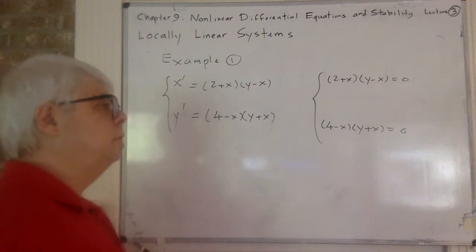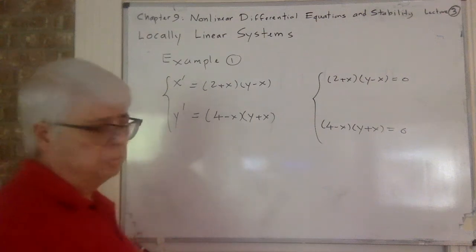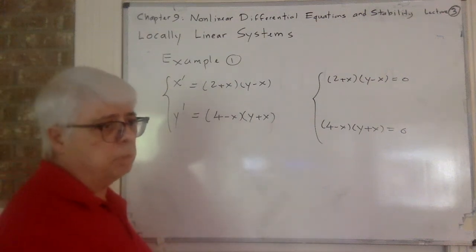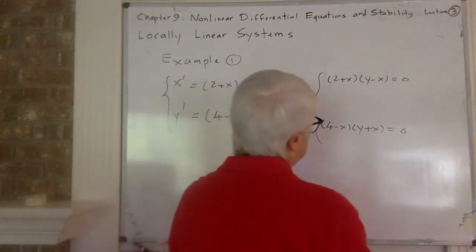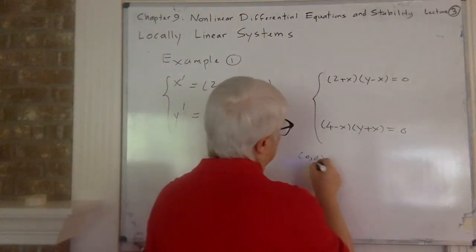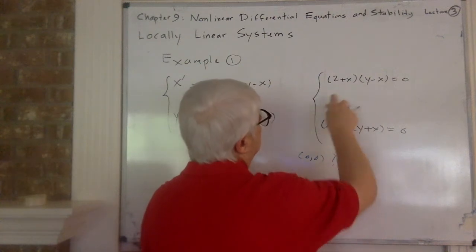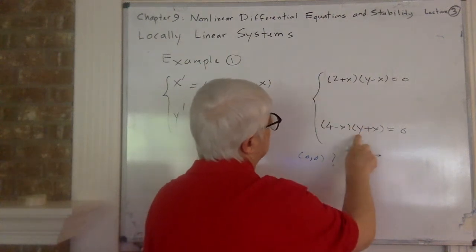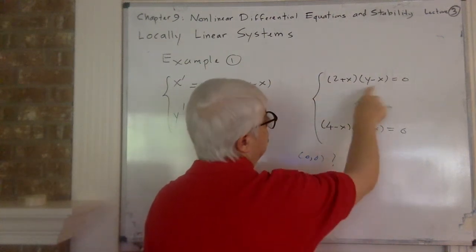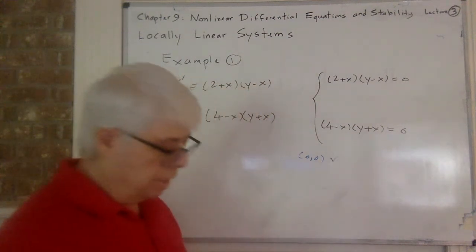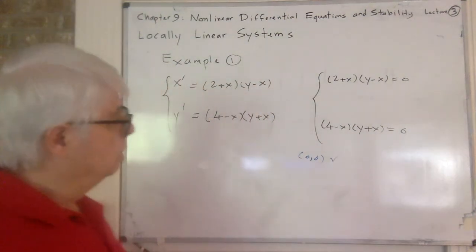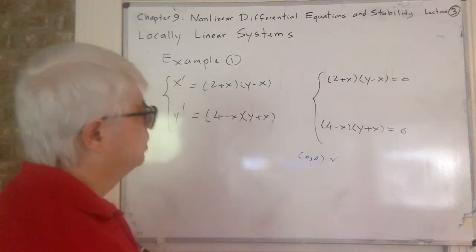My advice is always check 0, 0. Maybe 0, 0 is a critical point. Let's check 0, 0. Is it a critical point? Okay. If I put 0 here, that's 2 and 4. 0 here, 0 plus 0, 0. 0 minus 0, 0. Yes. Okay, so at least I have found one. So always check 0, 0.